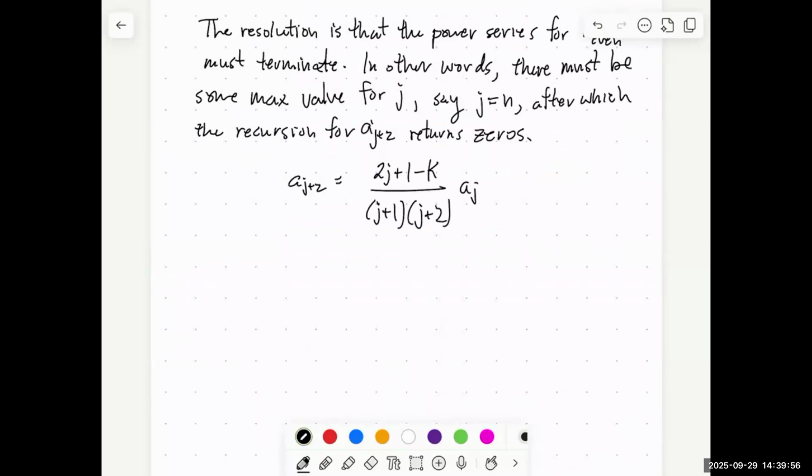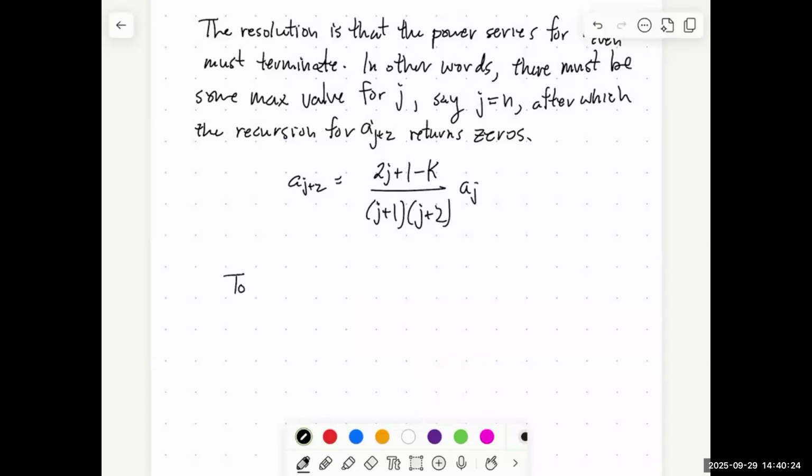Now, we're looking for a way to make this return a 0 for a_(j+2). The denominator is not going to do it. I'm still thinking about the even values of j. I put in a 2, 4, 6, 8, even a 0. The denominator is not going to help us. So what do I require? I require the numerator to be 0.